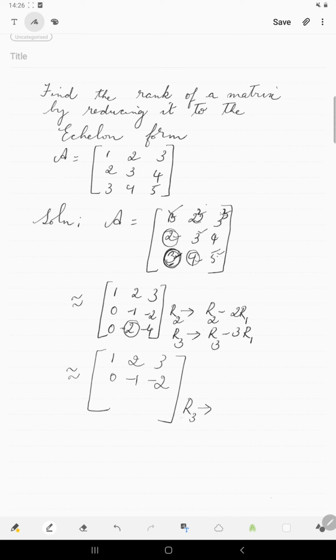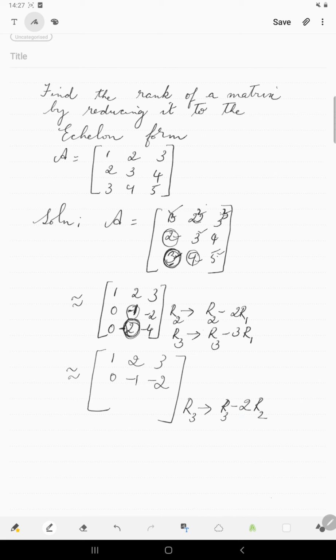Since this is minus 2 here, you can either take a minus 2 and multiply it to this number, or you can even multiply just a 2. So I will do it like this: R3 minus 2R2. I can't do this with R1 because R1 is not this number. This is the number I want to make 0, so obviously I will have to make use of R2 only.